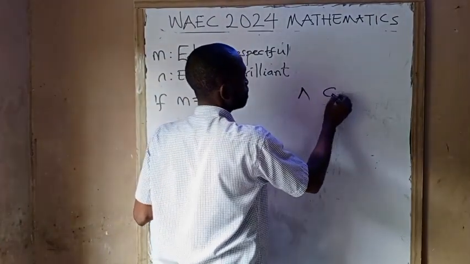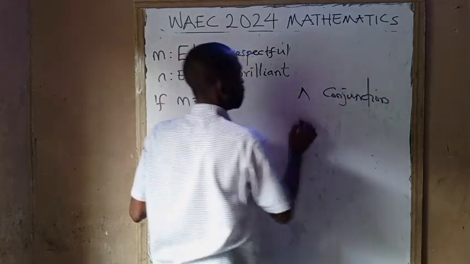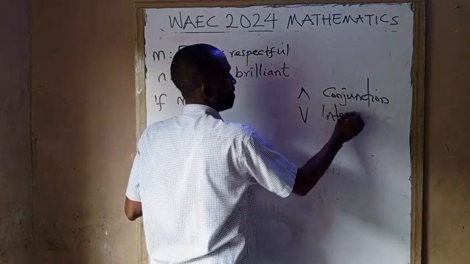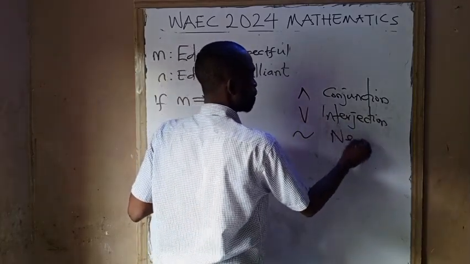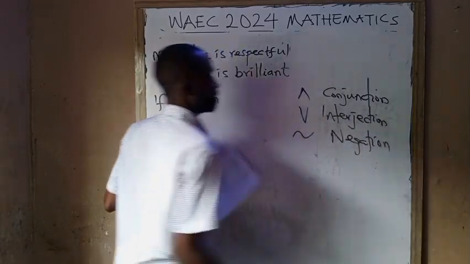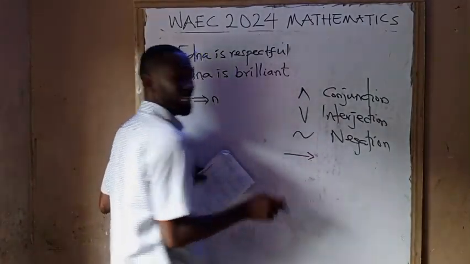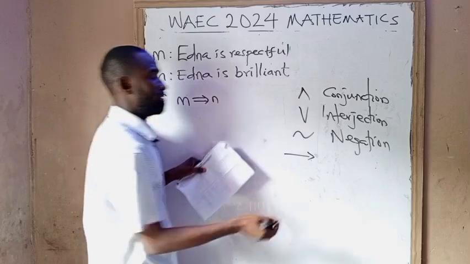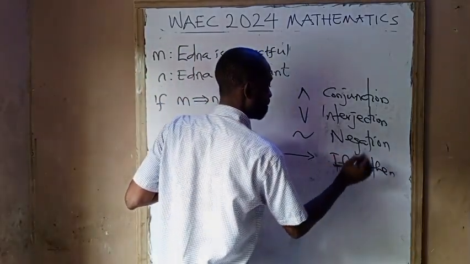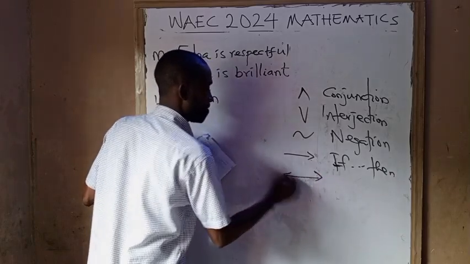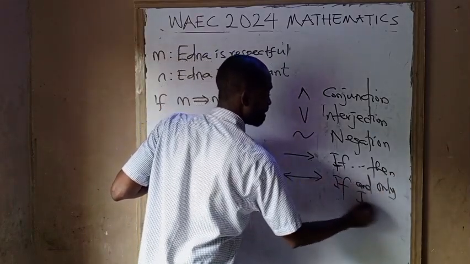This is disjunction. This one is called negation. This one is called implies, if then. Then this one here is if and only if.